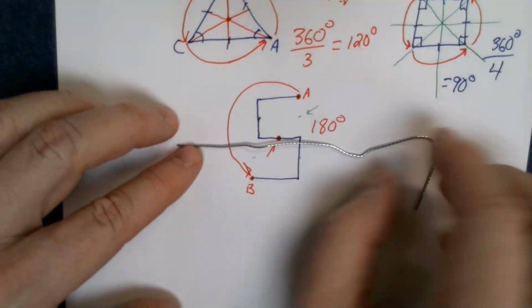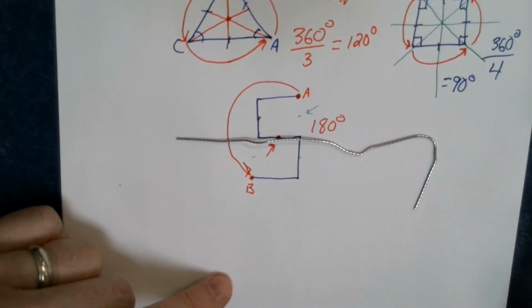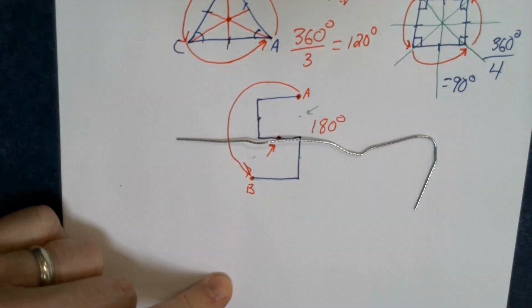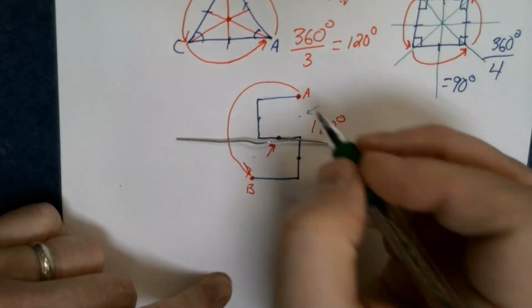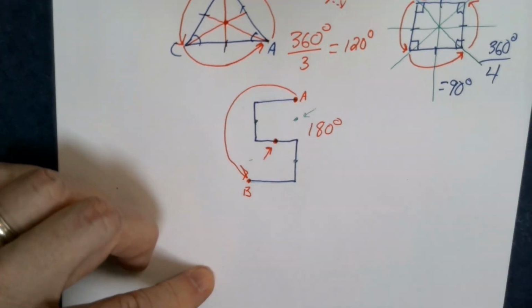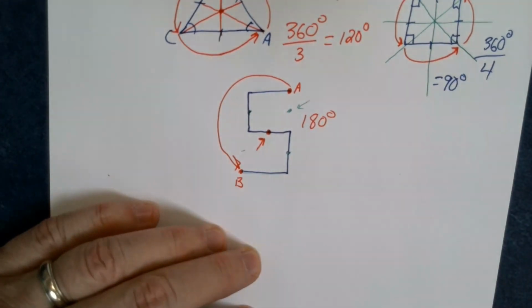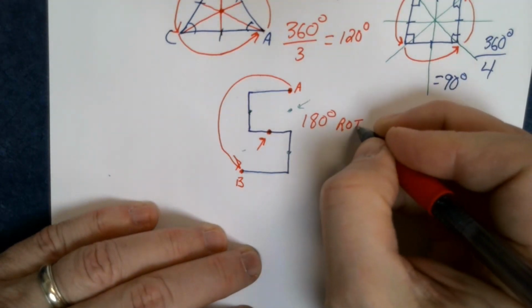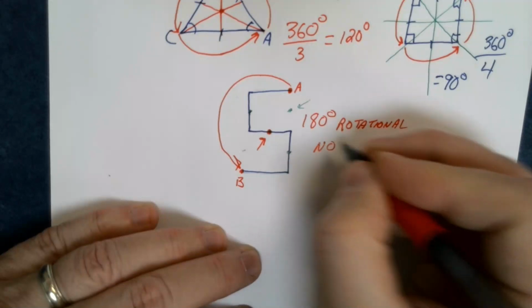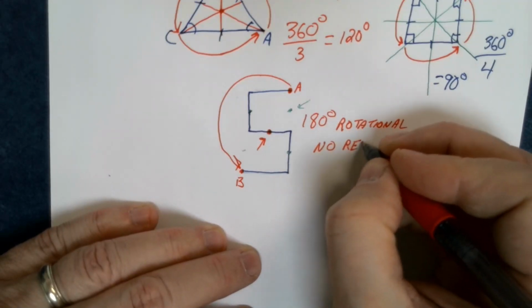If I put it just like this right here, all of these points would line up directly on top of these points, but again, this point doesn't line up on top of there. So this has 180-degree rotational symmetry, but no reflectional symmetry.